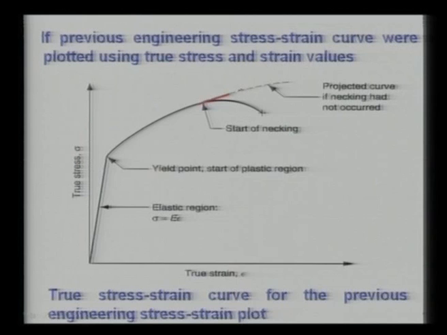This dotted line here is the true stress true strain curve, and this is the projected curve if necking had not occurred, and this is the start of the necking. Now if the previous engineering curve were plotted in the true stress true strain curve, it would look like this. Again you have the elastic region, you have the non-linear behavior which is called plasticity, and then it goes to fracture of the material.